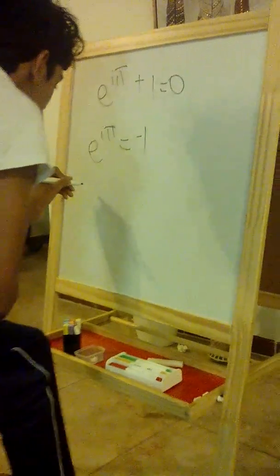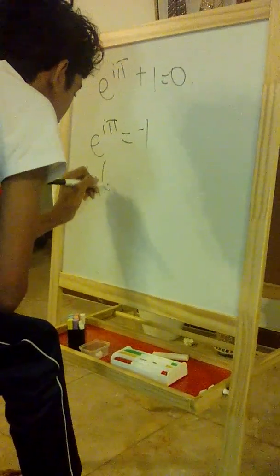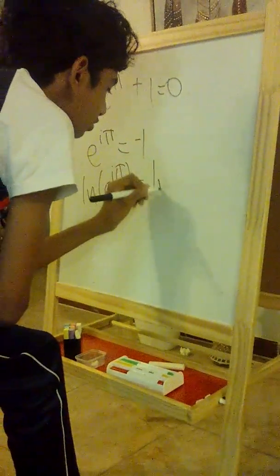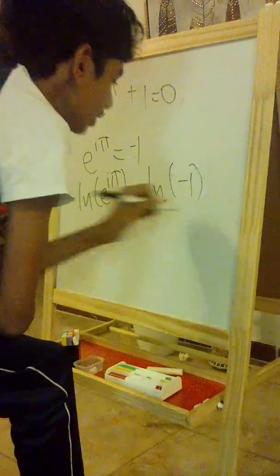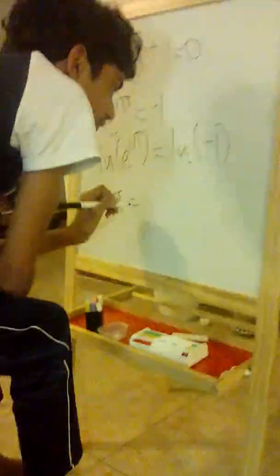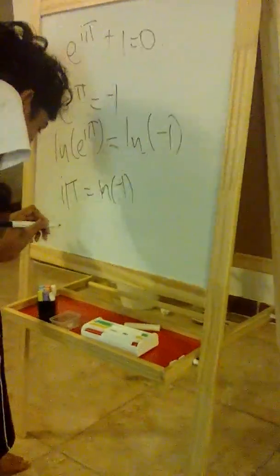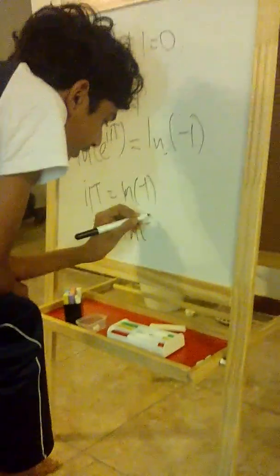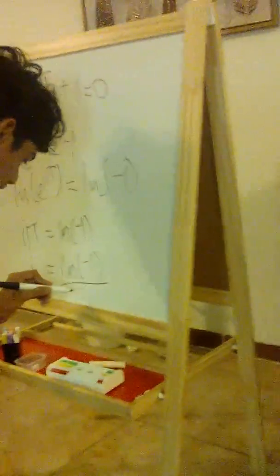Then you take the natural log: the natural log of e to the i pi is equal to the natural log of negative 1, and then it becomes i pi equals the natural log of negative 1, and then i equals the natural log of negative 1 divided by pi. That's correct.